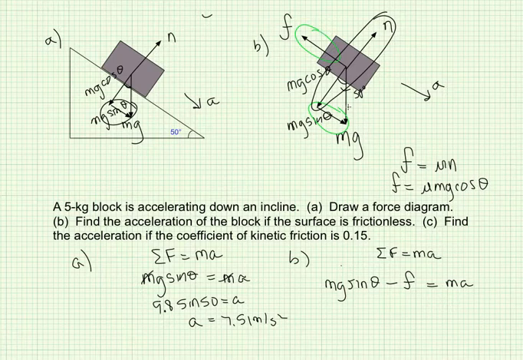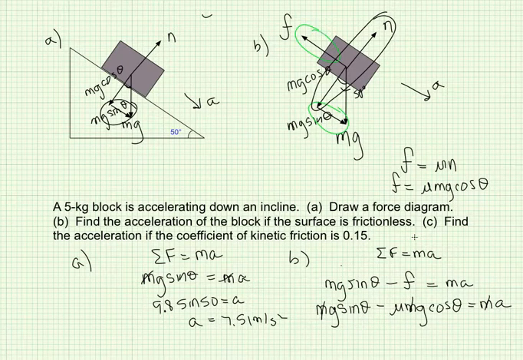Mg cosine theta is simply how much the incline has to push up to hold the block up. So if we substitute in where I had friction, minus mu mg cosine theta, that equals ma.